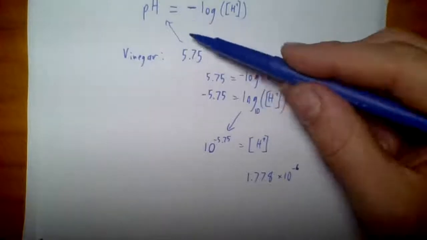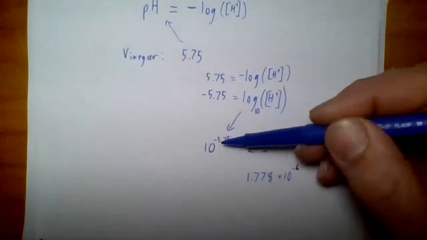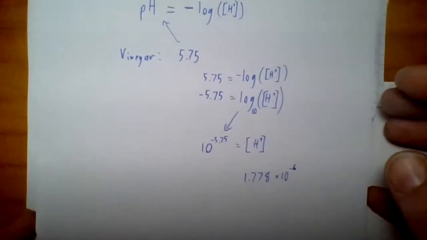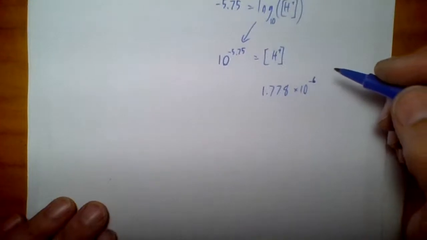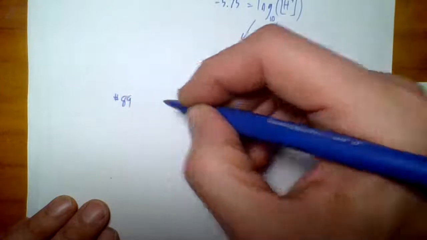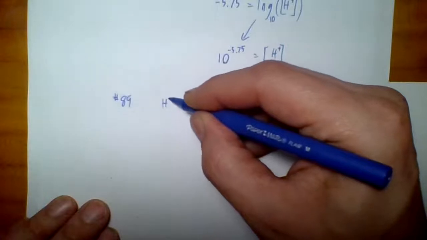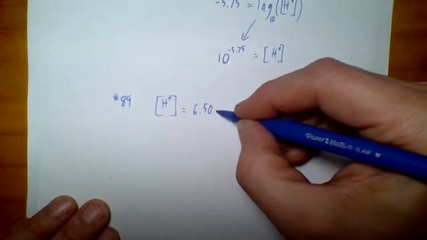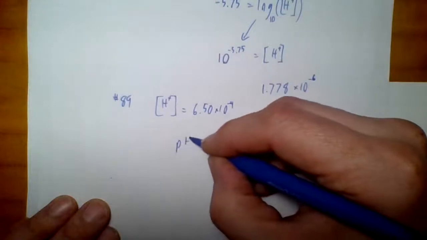So if you're given the pH of something, it takes a little work to solve for the concentration, but you can turn this around and get that concentration using the exponent key. If it's the other way around, if you know what the concentration is, like the one from number 89, if you're starting with orange juice and you know that the concentration of hydrogen ions in there is 6.50 times 10 to the minus 4, you can find the pH using that same expression.